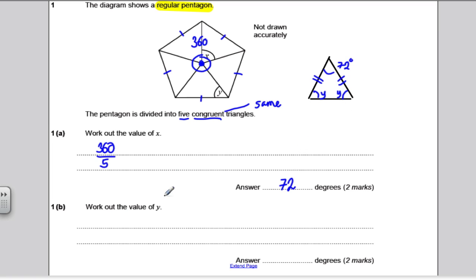So to get y, you do 180, the degrees in a triangle, subtract the 72 you know, and you get 108, and then you do 108 divided by 2 to get one of the y's, and you get 54 degrees. Hence the answer to question 1.